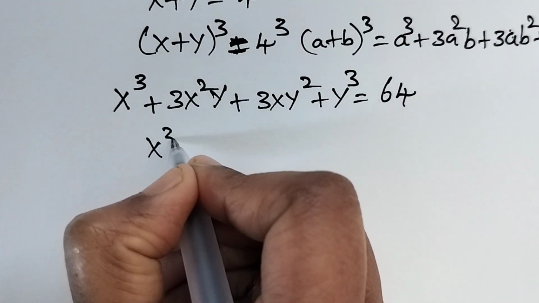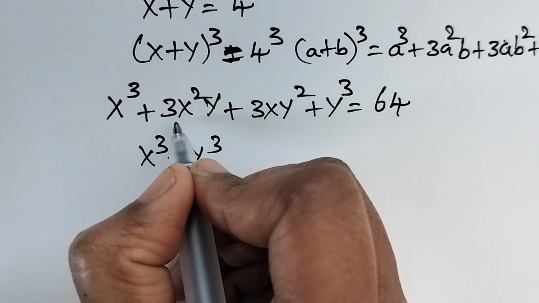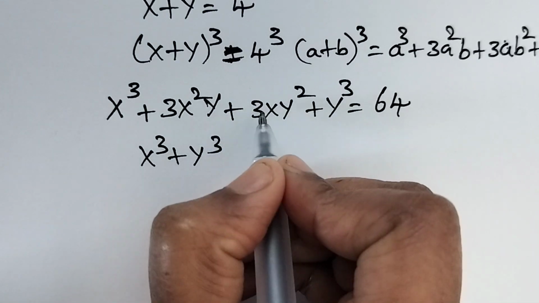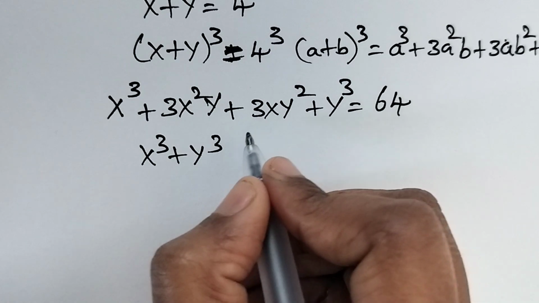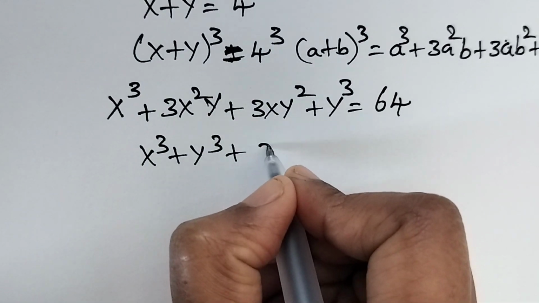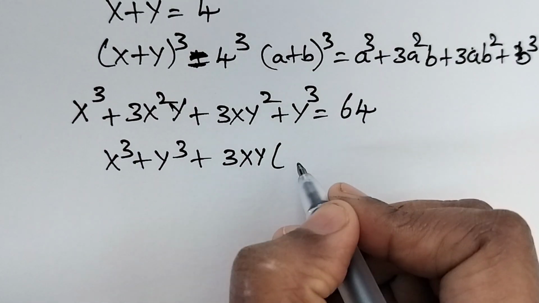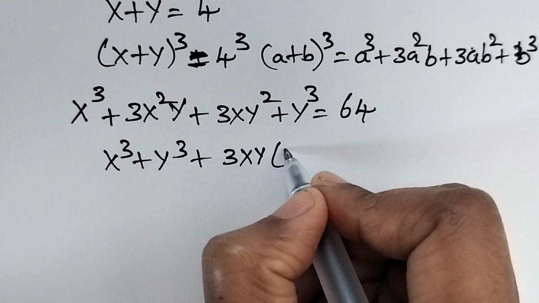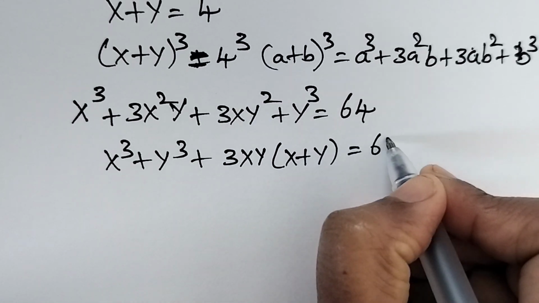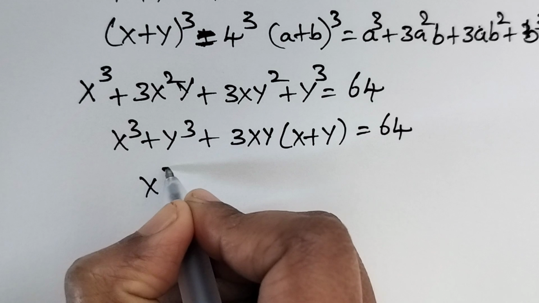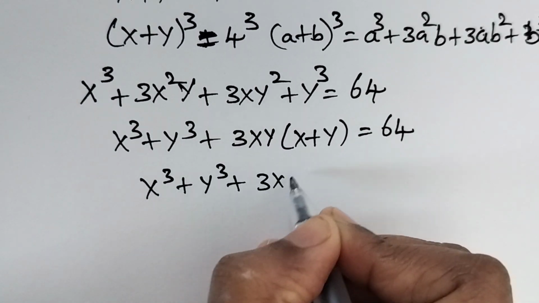So x cube plus y cube. So here in these two terms we have common, that is 3xy. So we are taking out 3xy as a common. So now here we will get x plus y is equal to 64 minus x cube plus y cube plus 3xy.